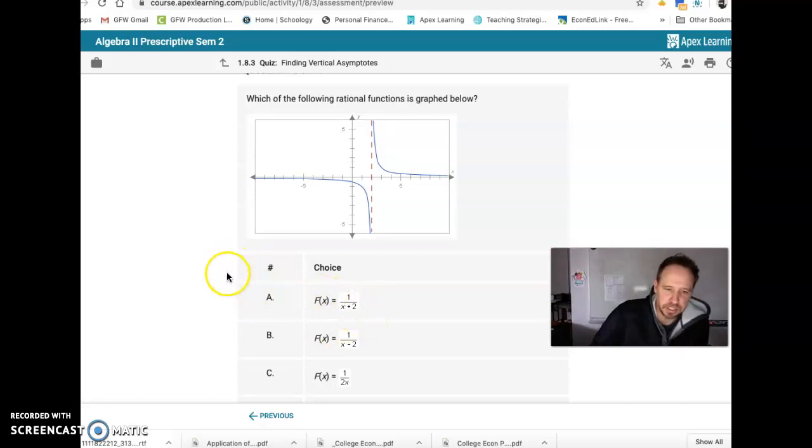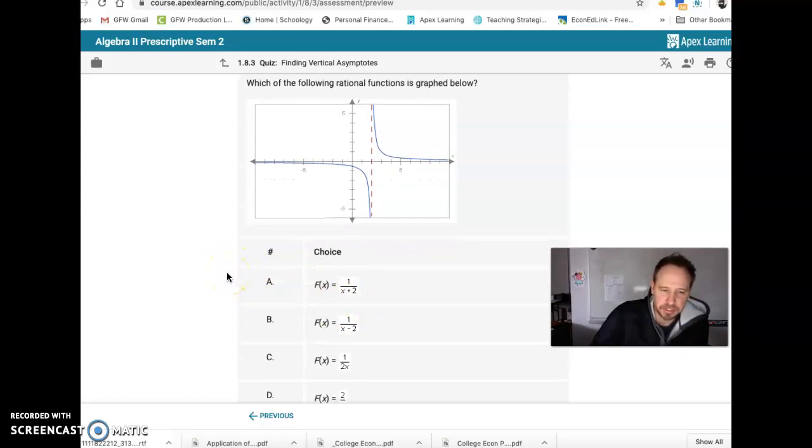So again, we're still looking for one where the denominator is going to be 0, and we can see that the x value is positive. Okay, so we can't have a negative x value. So anything positive here with a value of x is not going to equal 0, so that one's not going to work.